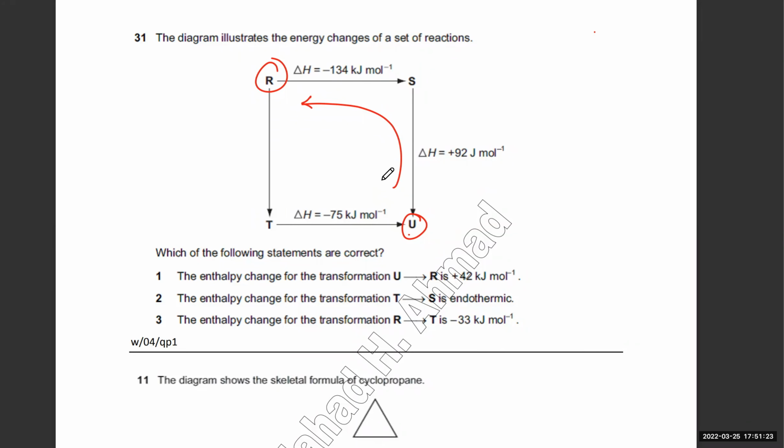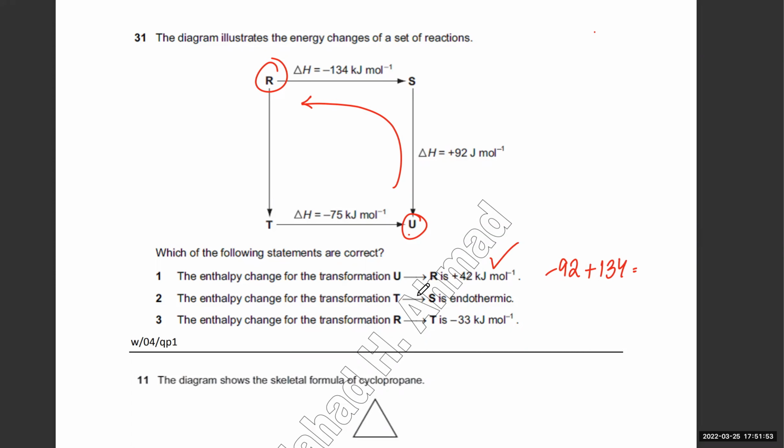If you go in the opposite direction to the arrow, the sign of the enthalpy changes. So U to R, this would become minus 92, right? And this other one would become plus 134, right? So what do we get for this? 42. So this is fine.